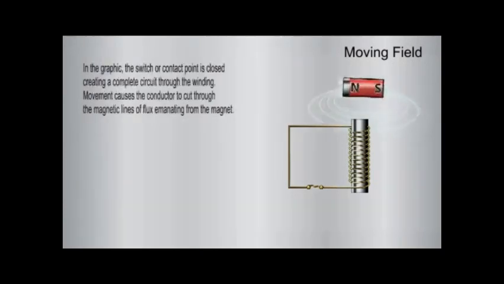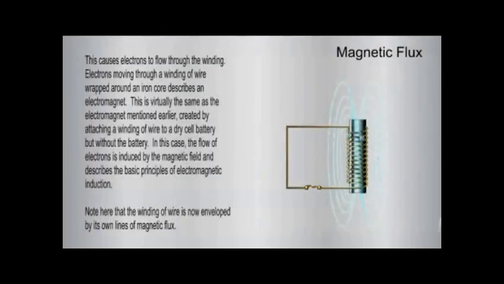The switch or contact point is closed, creating a complete circuit through the winding. Movement causes the conductor to cut through the magnetic lines of flux emanating from the magnet. This causes electrons to flow through the winding. Electrons moving through a winding of wire wrapped around an iron core describe an electromagnet.